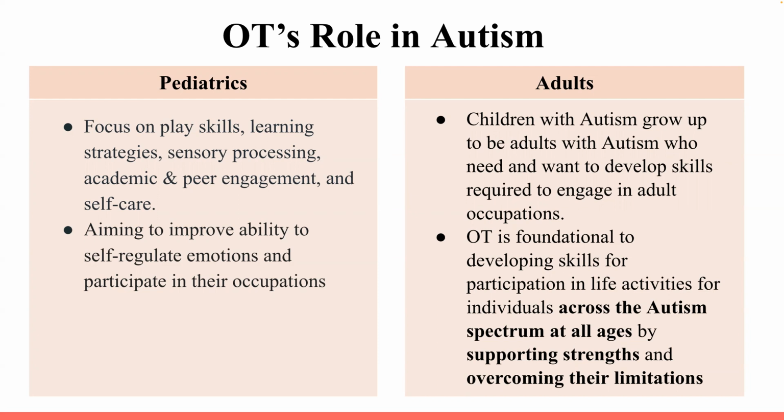These are the different transitional areas that OTs can help adult ASD individuals be able to engage in their occupations. And OT is foundational for developing skills for participation in life activities for individuals across the spectrum at all ages by supporting strengths and overcoming their limitations.